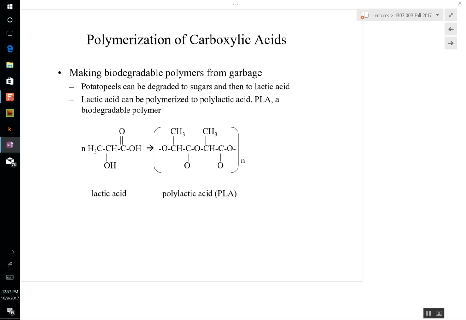Polylactic acid. About 4 or 5 years ago, Lay's potato chips on Earth Day launched Sun Chips in polylactic acid bags, PLA bags. They had to stop doing that because they couldn't get enough of that plastic to bag all their chips.